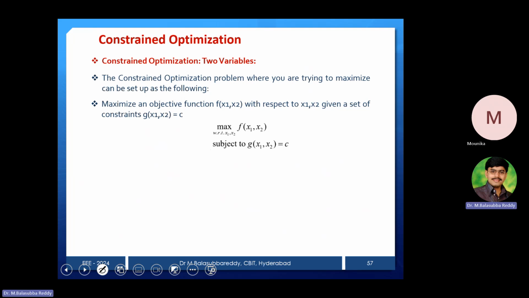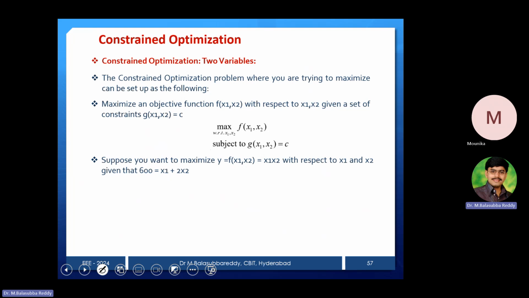So there is a function with respect to x1 and x2 that we are going to maximize or minimize, subject to another equation equal to the constant c.